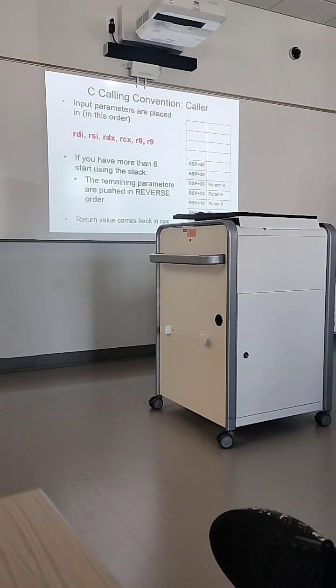After those registers are used to keep the parameters, they go into the stack, and it starts at RSP. Where's the top of the stack? It's whatever the RSP is. It's always RSP. It's the top of the stack.